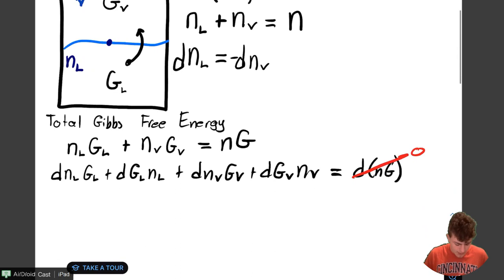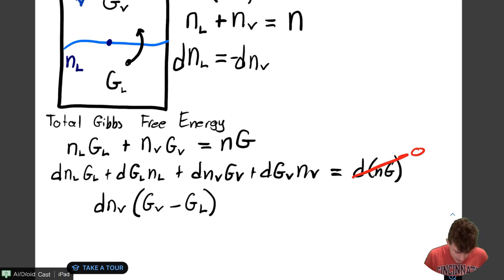And by defining that, we can then write another equation here, we can factor out the differential change of the moles of the vapor phase and multiply that by the Gibbs free energy of the vapor phase and then subtract the Gibbs free energy of the liquid phase. And then we can just add our other two terms on here.